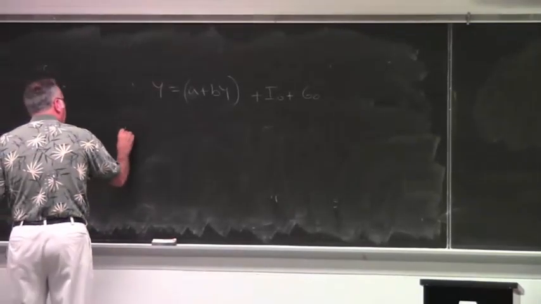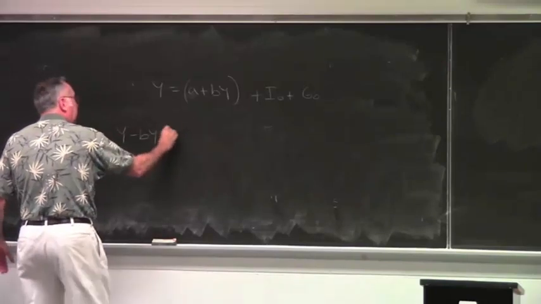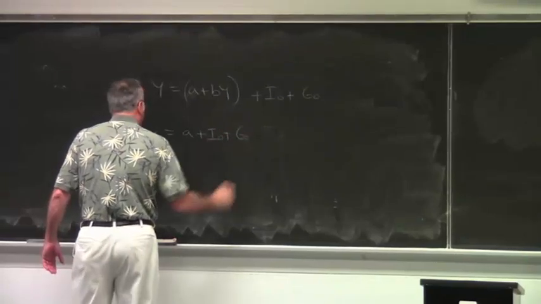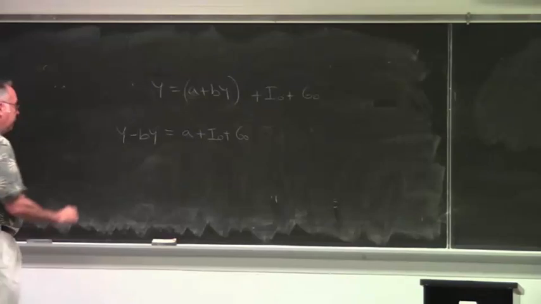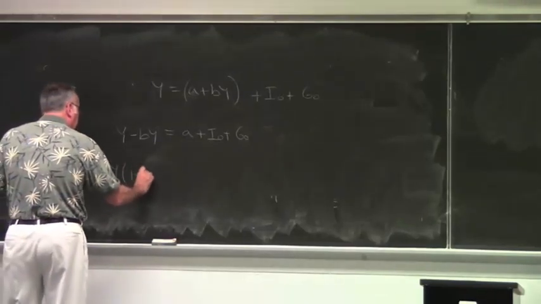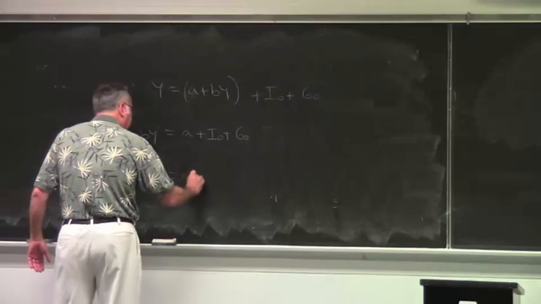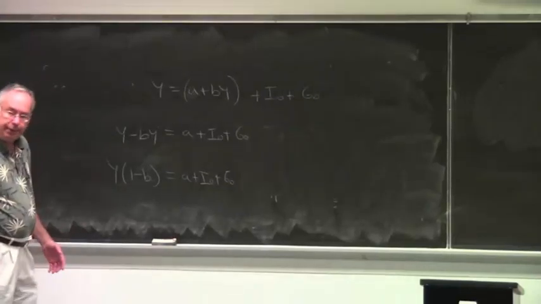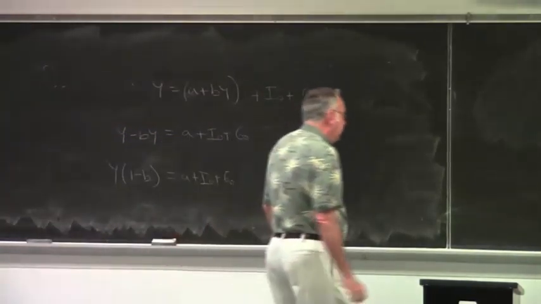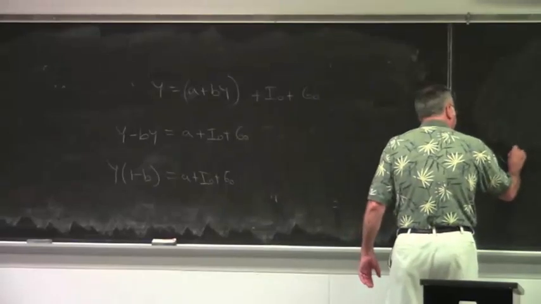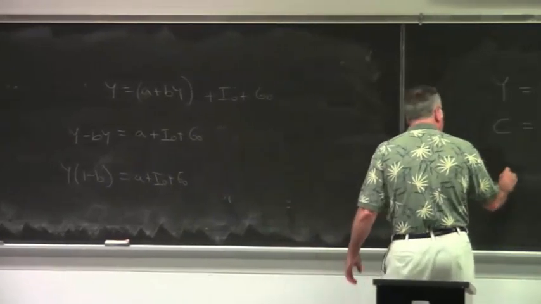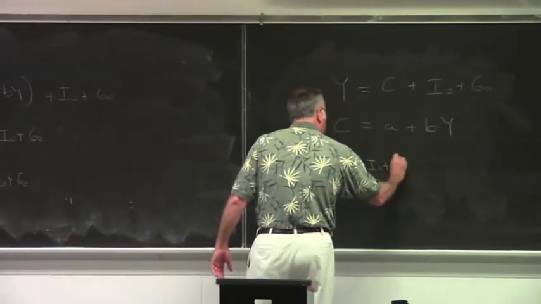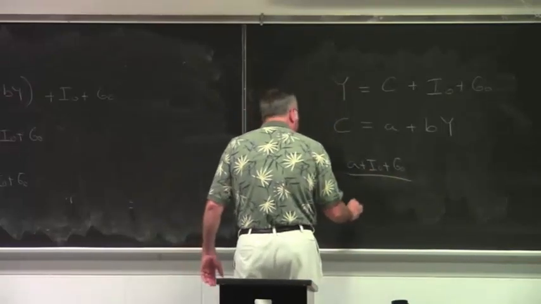So we would have Y minus BY equals A plus I plus G. Factor out the Y, and then you have Y times 1 minus B equals A plus I plus G. And then divide both sides by 1 minus B, and you've got it. So Y star is A plus I plus G divided by 1 minus B.